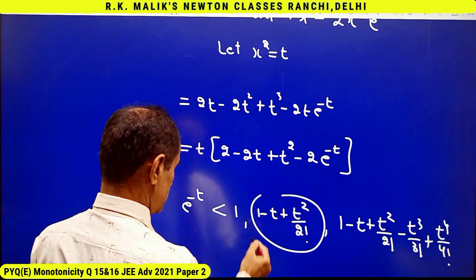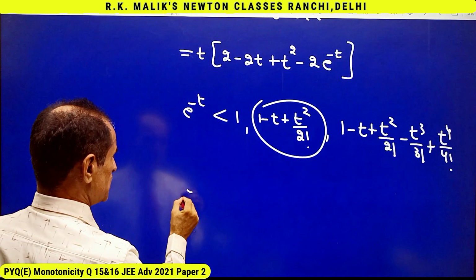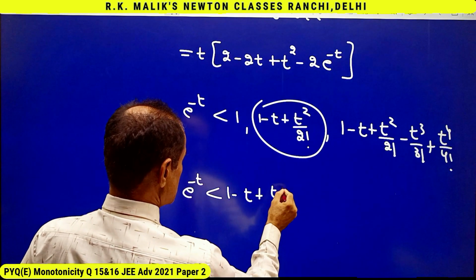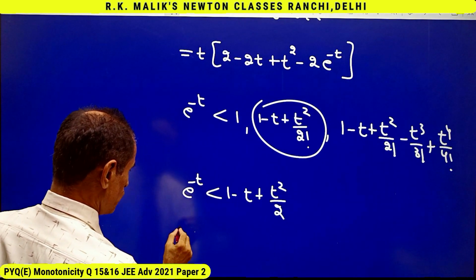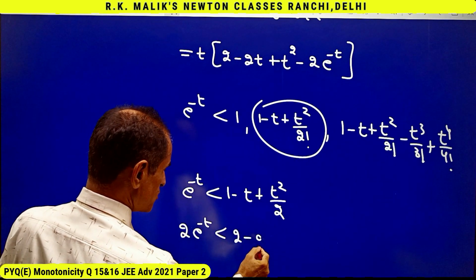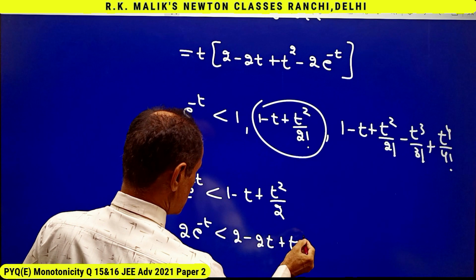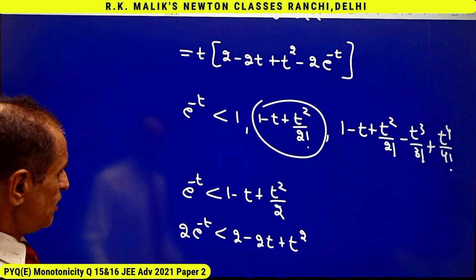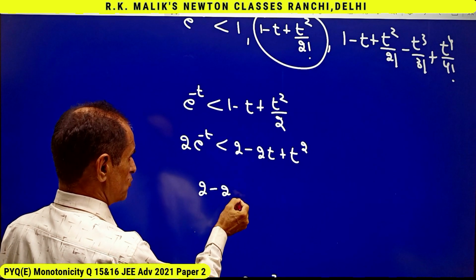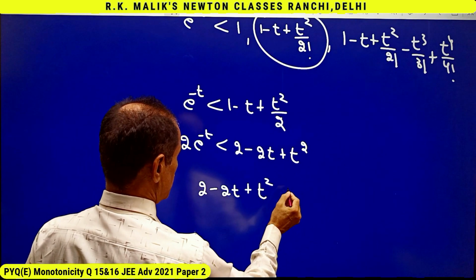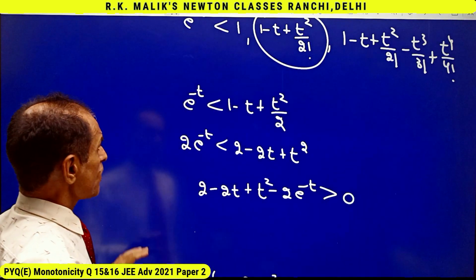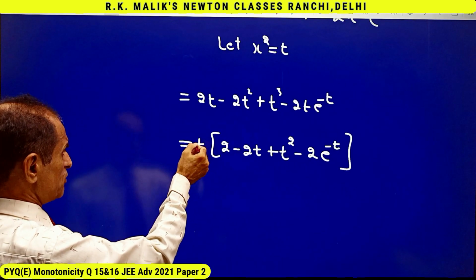I take care of this. And as e to the power minus t is less than 1 minus t plus t square by 2, therefore 2 e to the power minus t is less than 2 minus 2t plus t square. Hence I can say 2 minus 2t plus t square minus 2 e to the power minus t is greater than 0, and t is already positive.